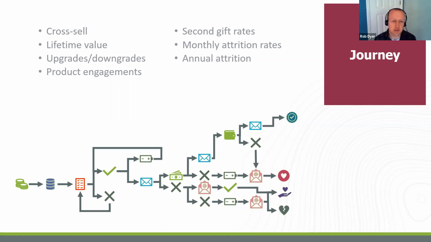So although it's undoubtedly a useful thing to know, it's perhaps just a bit of a starting point for us, really. What could perhaps be more useful to us in a lot of cases, and one thing that I'm a bit more keen on myself, would be something like second gift rate.